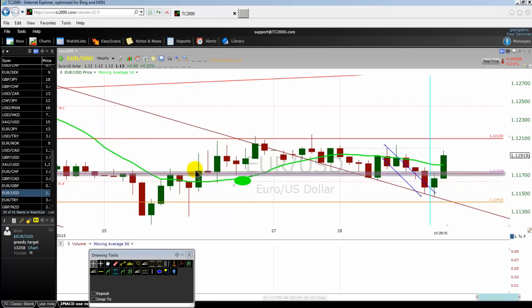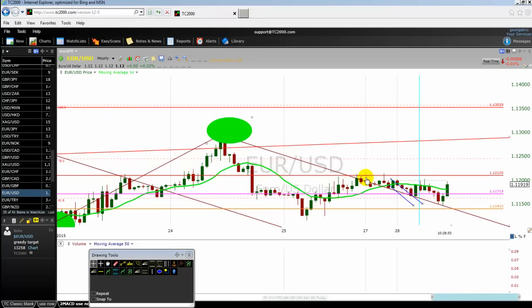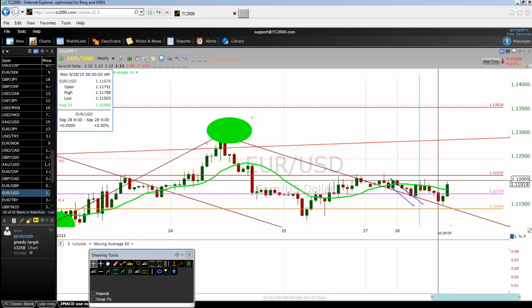So you can see that on the hourly chart, there is a bit of resistance here. That's why some day traders and high frequency traders, speculators, gamblers, are taking a bit of profit here. It's normal. There's a bit of resistance in the zone of 11200, and as the price was approaching that level, some traders are taking profit now.